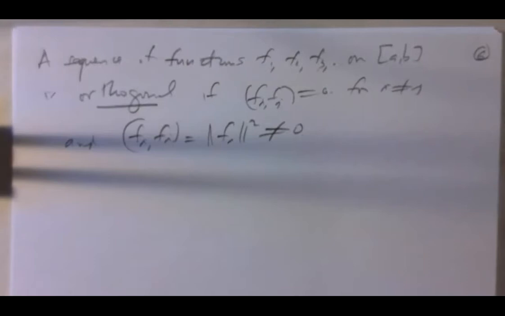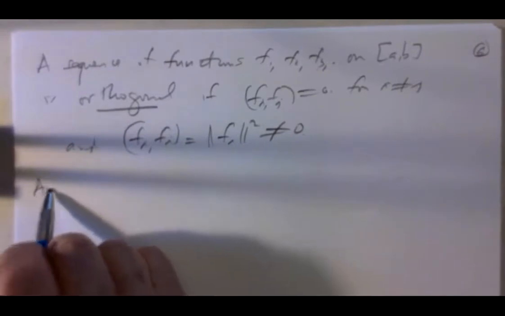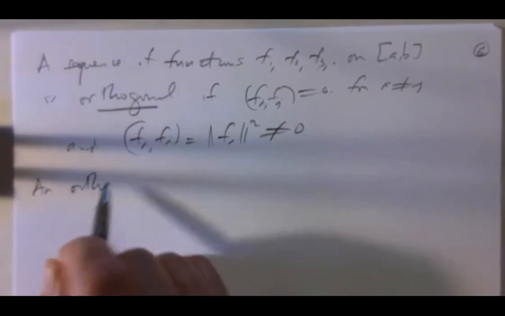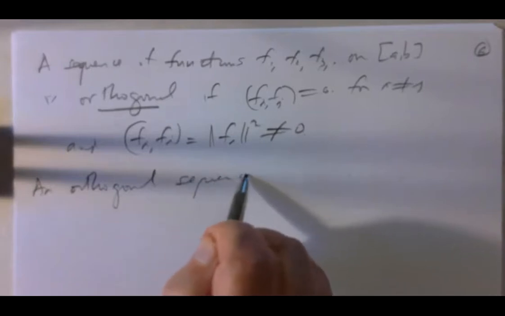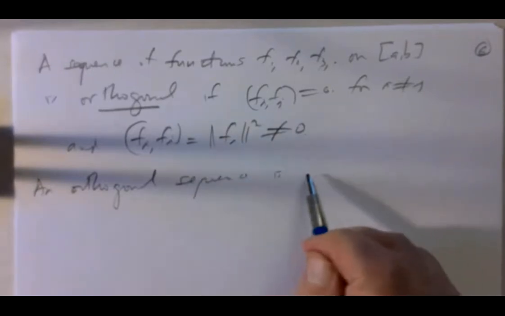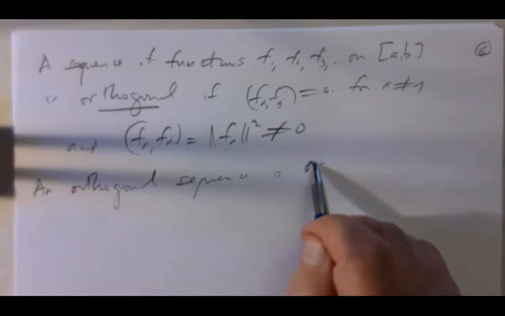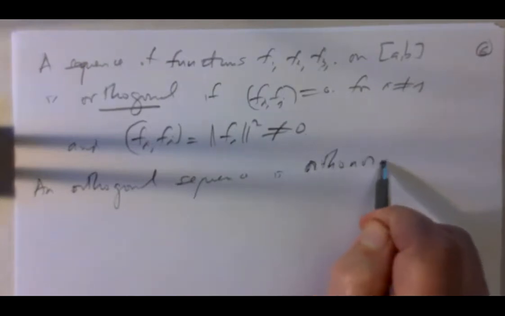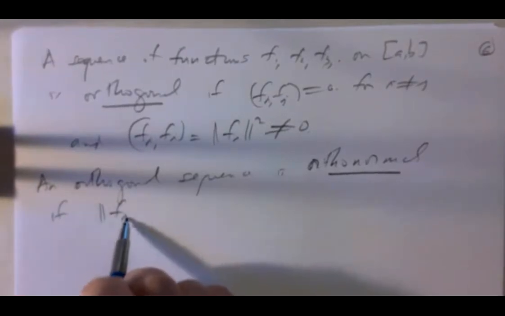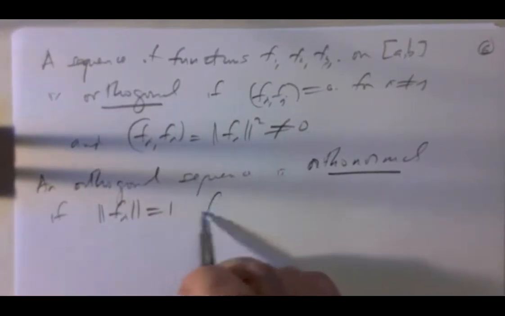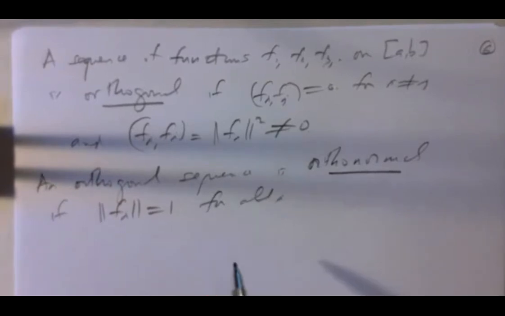So that's what it means for a sequence of functions to be orthogonal. And an orthogonal sequence is called orthonormal if the norm of each function is 1 for all i.